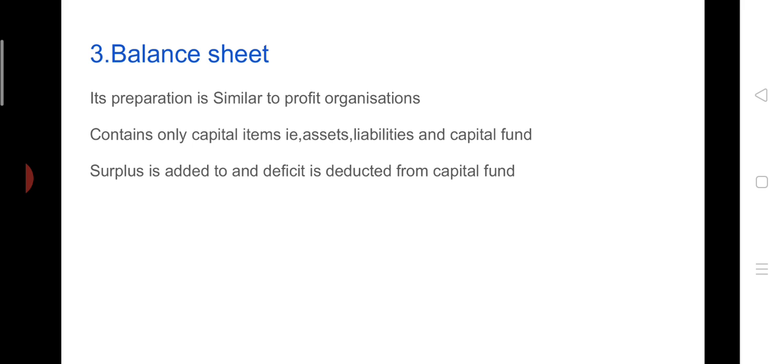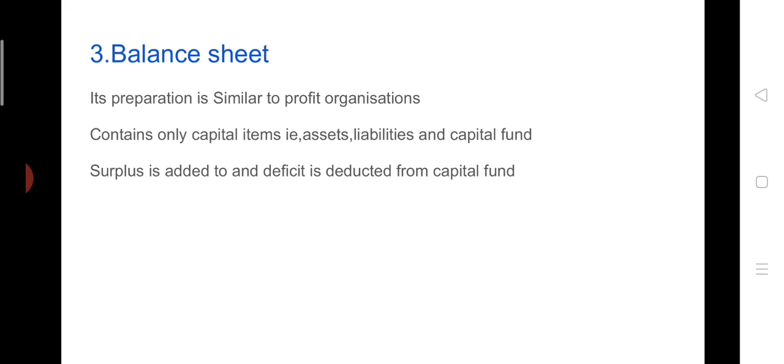Clear? Now we go to the balance sheet. It is the same balance sheet you prepared last year, dear students. Nothing new. You prepare the balance sheet, you write the assets, liabilities, and you write the capital fund. Here in the NPO, we make it a capital fund, not a capital.